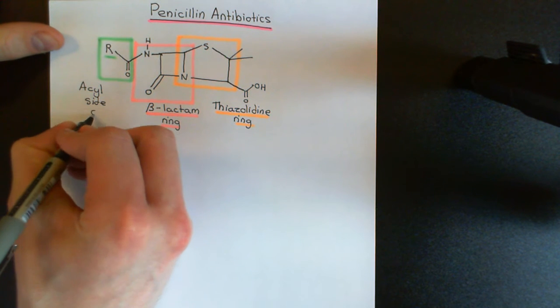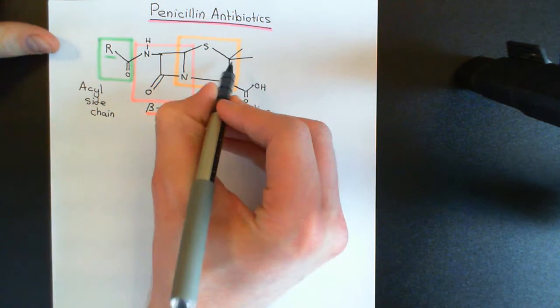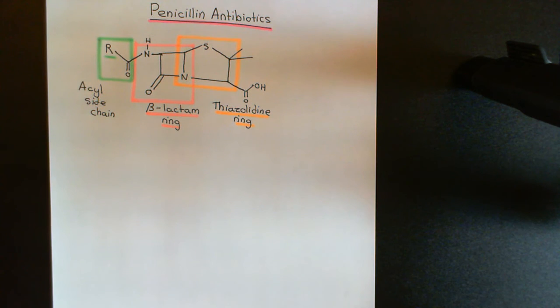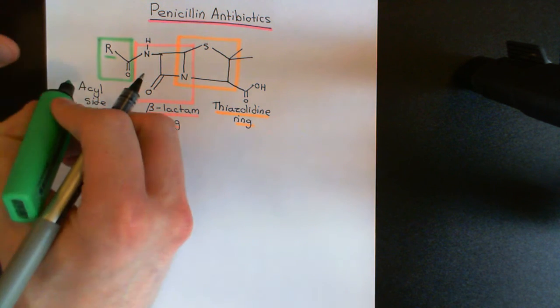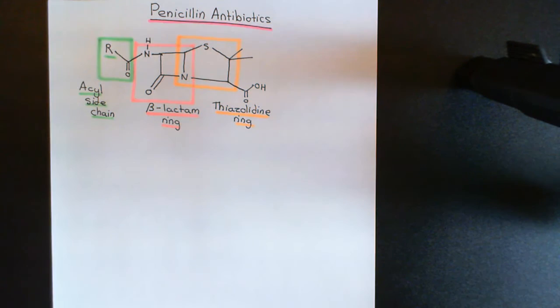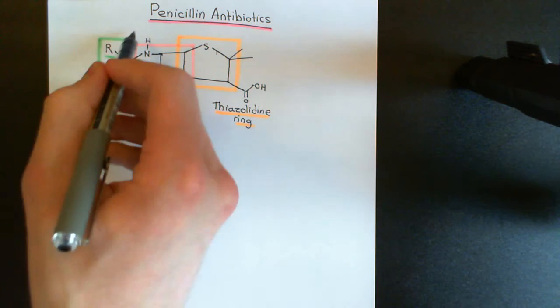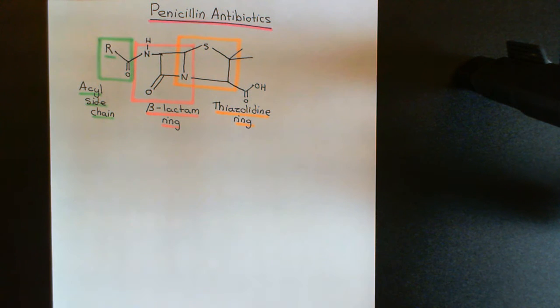So all penicillins have the same beta-lactam ring, the same thiazolidine ring, the same things coming off the side of the thiazolidine ring. What differs between them is that they all have different acyl side chains. The carboxylic acid that is bound via the amide link to all of this structure here differs between the different penicillin antibiotics.